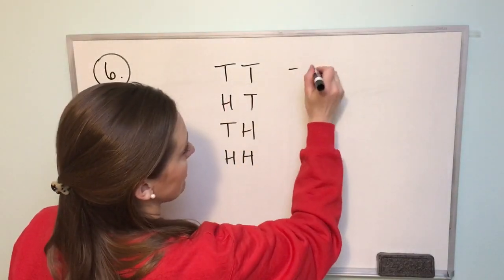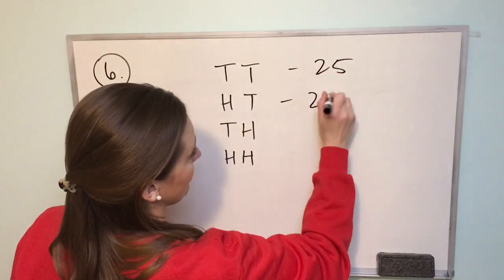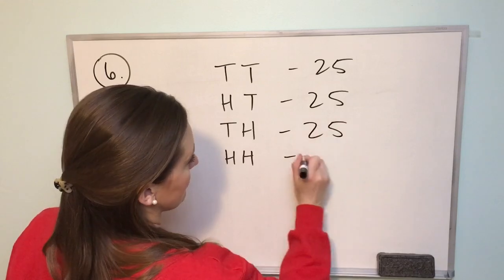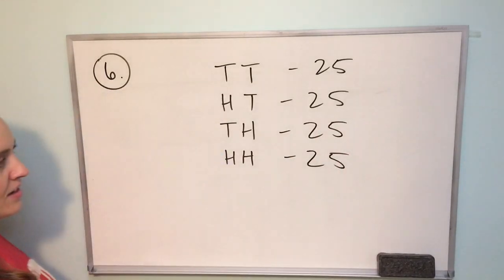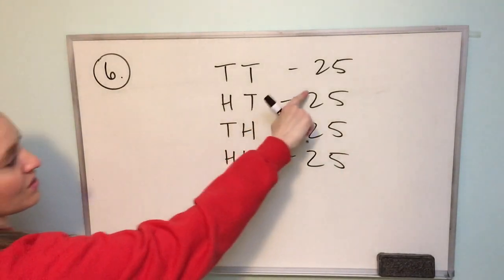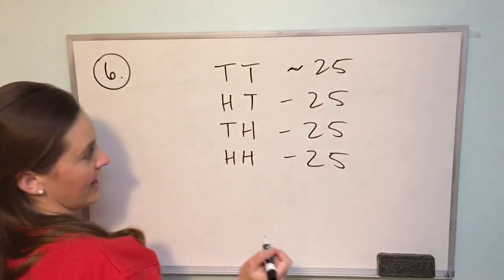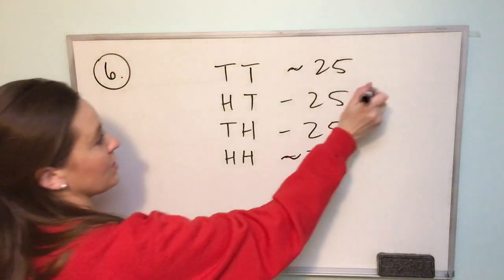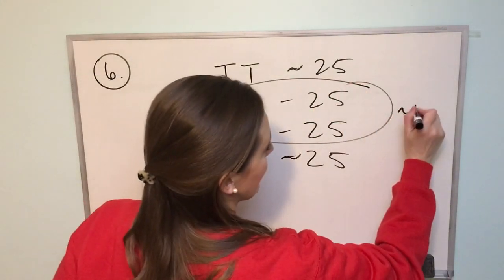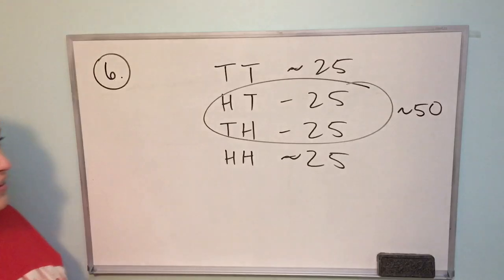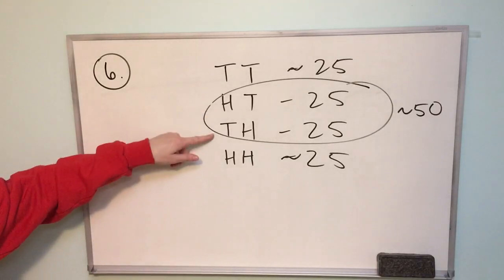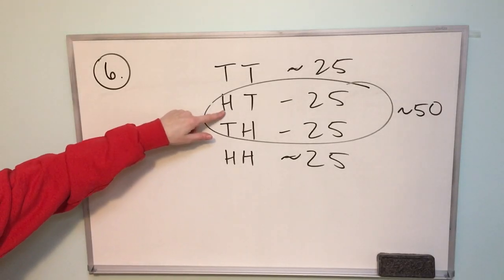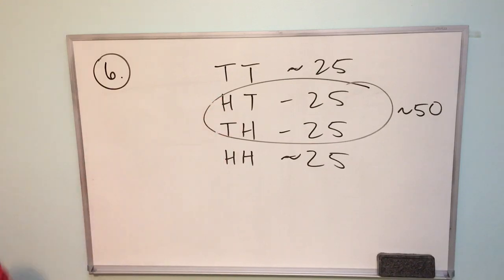So in theory, if we have 100 throws, this should be 25, this should be 25, this is 25, and the same thing here. This is 0 heads, it should be about 25. This is 2 heads, which should be about 25, which it is. But these two we would have to add together to get about 50, because both situations are considered just 1 head. Hopefully that makes a little more sense now that you can really see it out.